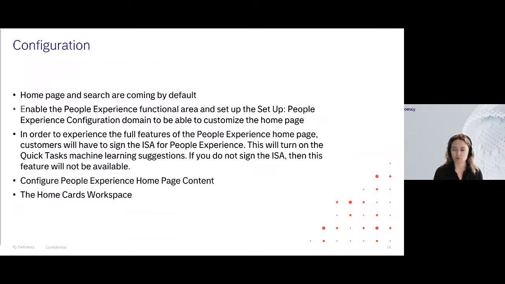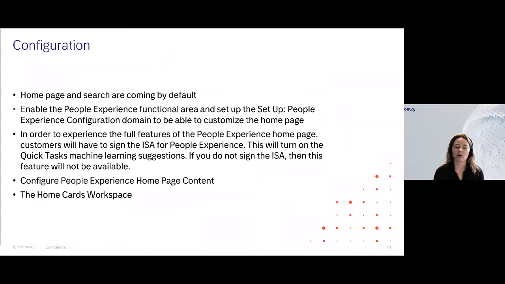So most likely some admin role that can then configure the new homepage. So that is one thing you need to check. And if you want the machine learning part for the homepage, I will show how it looks there. You need to have the ISA agreement, the Innovation Service Agreement. If you have that already, then you need to go and enable the machine learning for people experience. So that is also something that needs to be considered and done.